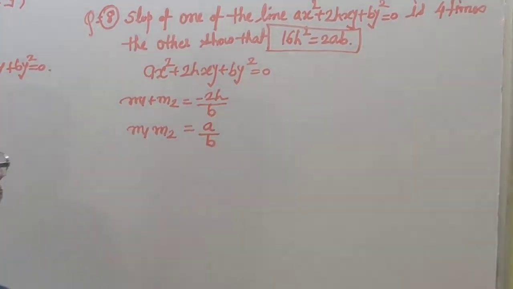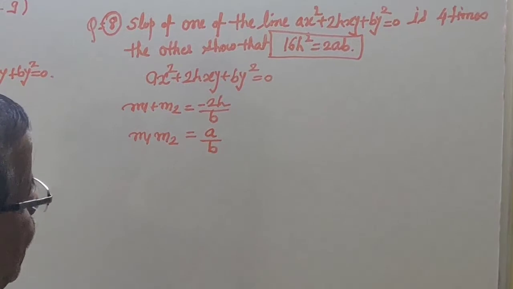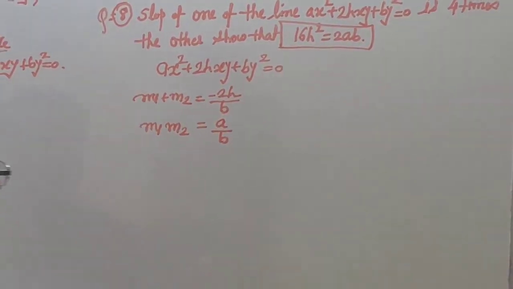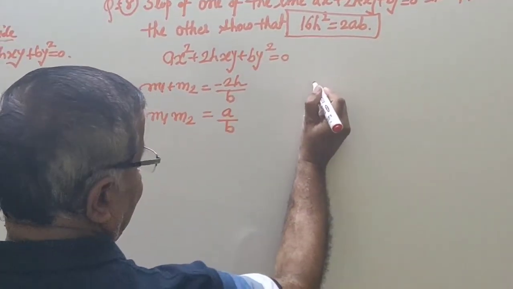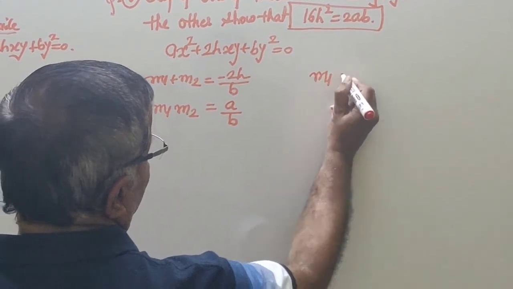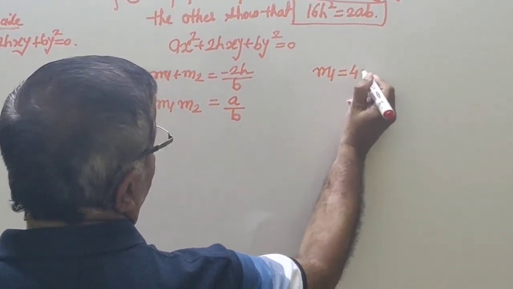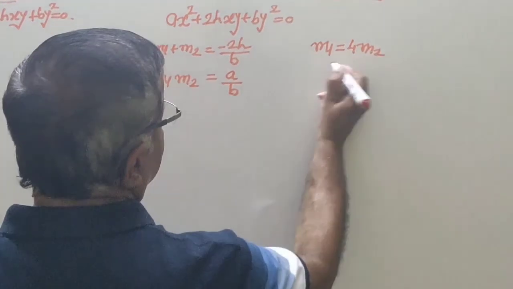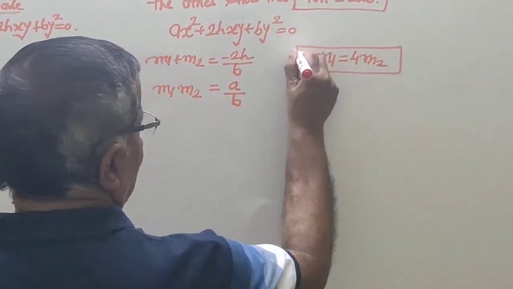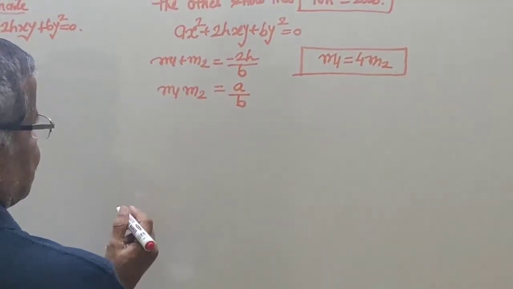Now, the slope of one line is 4 times the other. This condition is given: m1 = 4 times m2. Now I can substitute this in the first equation.